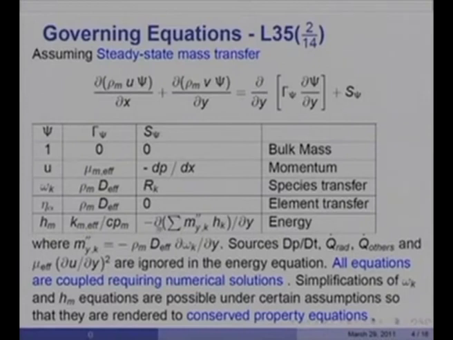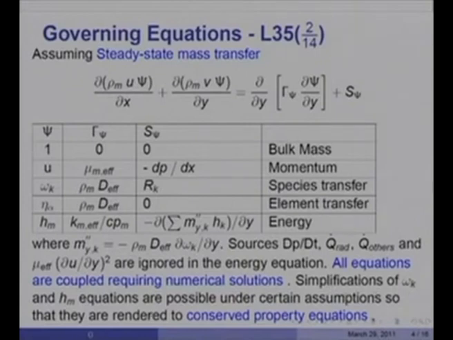That would have a source term comprising mass transfer due to diffusion flux m double dash yk. There can be other sources like dP/dt, q rad, and many other sources. These are all ignored. We also ignored the viscous dissipation here, and all equations are coupled requiring numerical solutions.